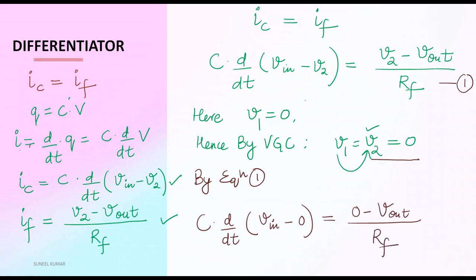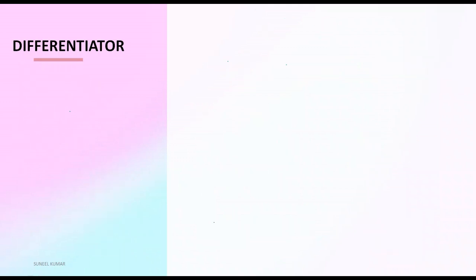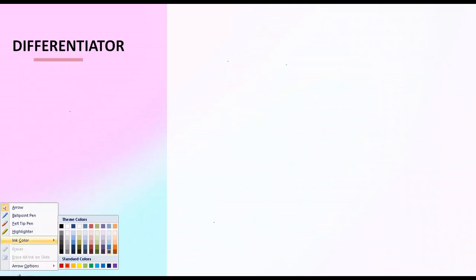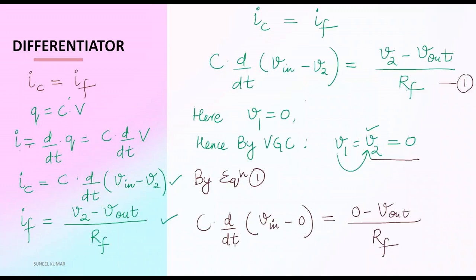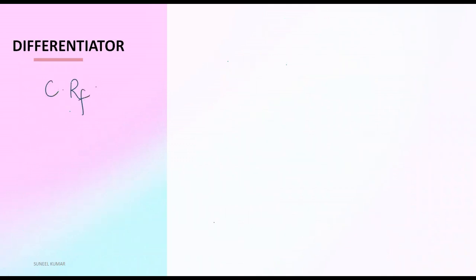Further, this becomes C into RF into d by dt of V input is equal to minus V output.